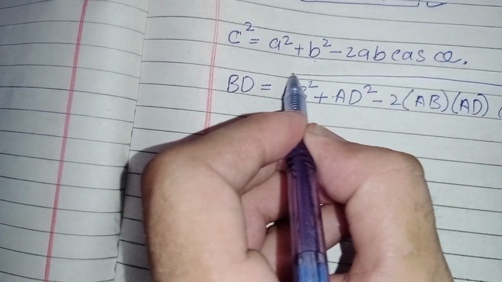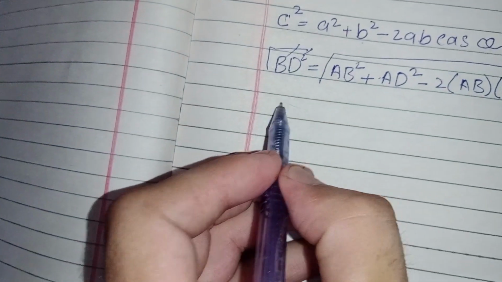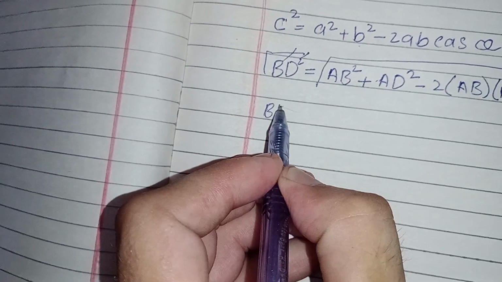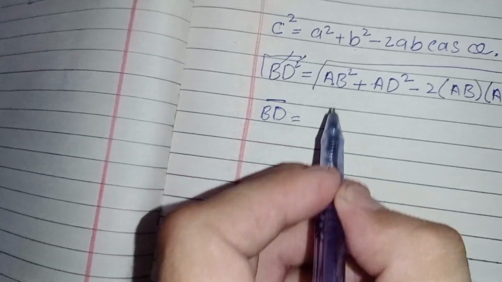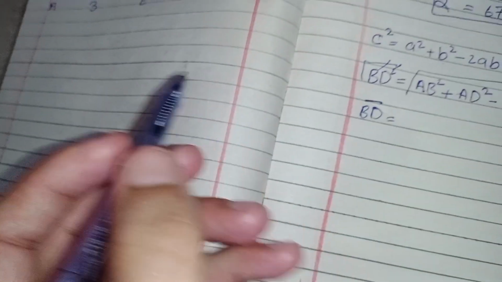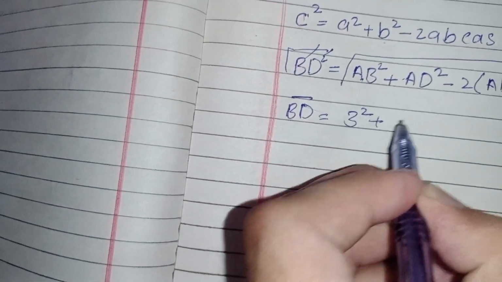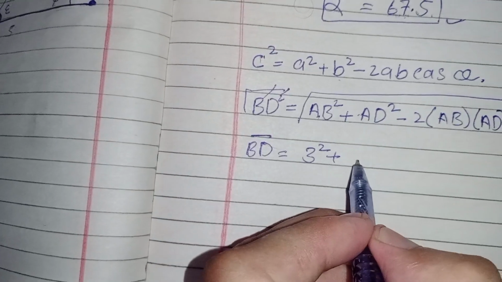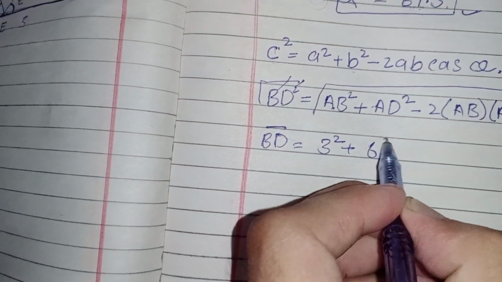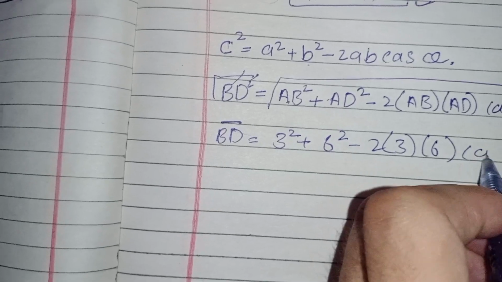Under root, the square cancels with the square root. BD equals, what is AB? The length AB is 3 meter. 3 squared plus 3 plus 3, this is also 3, 3 plus 3 is 6 squared, minus 2 into 3 into 6 cos 45.